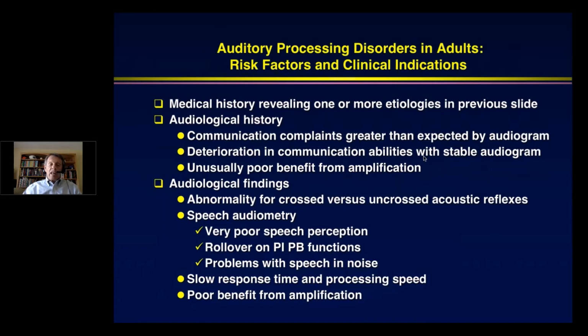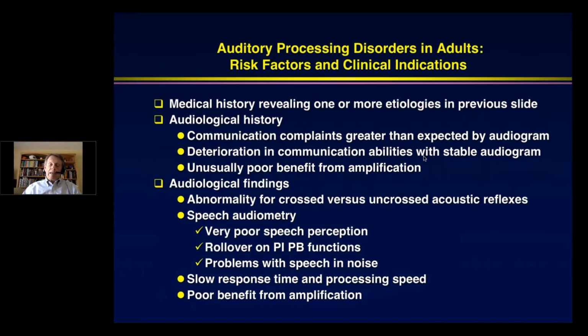And then go by the audiological history. They've got an audiogram in front of them, or you have one for them in front of you. Is their communication consistent with that audiogram, or are they having more difficulties than you would expect for that audiogram? If the answer is yes, their communication complaints are greater than I would expect based on that mild high-frequency hearing loss, they are at risk for APD.